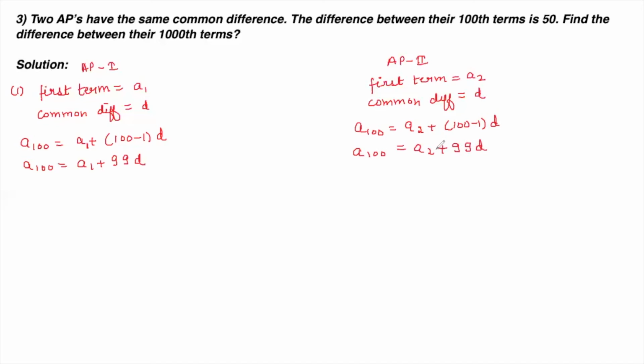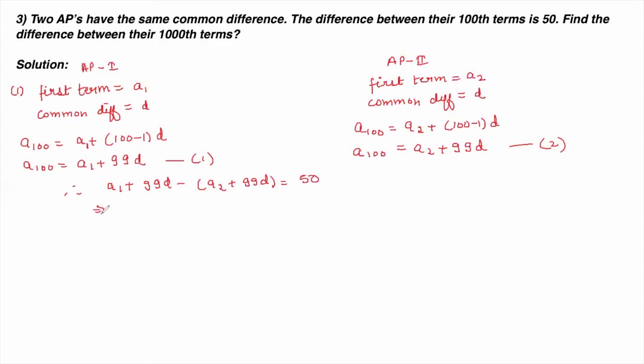Now the difference between their 100th terms is 50. That means I'll subtract equation number 1 and equation number 2. That will give me the difference between their 100th terms. So let's do it. A1 plus 99D minus (A2 plus 99D), I'm writing in brackets, is equal to 50.